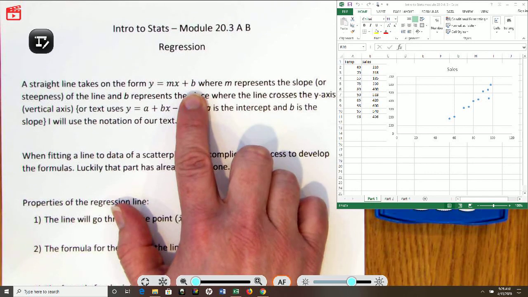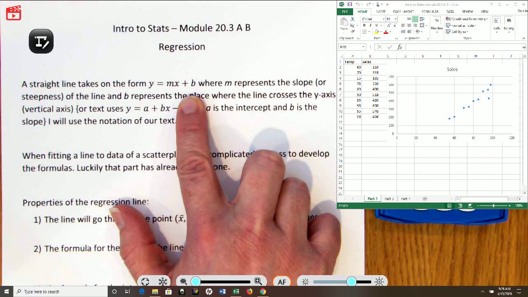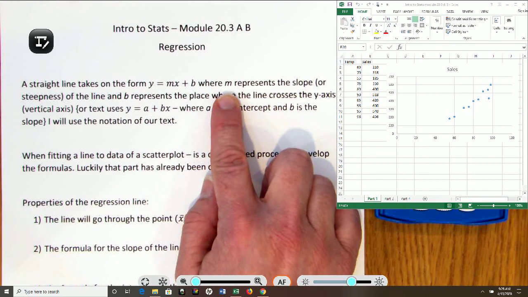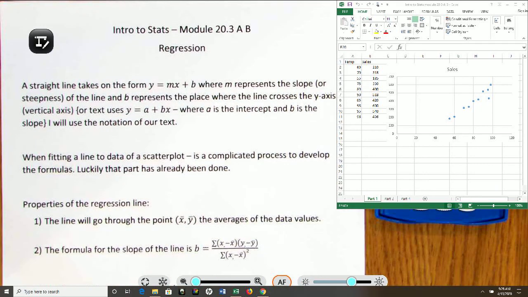You may remember that because most high school teachers drill it into your head. m represented the slope, or how steep your line was, and b represented the place where it crosses the y-axis.